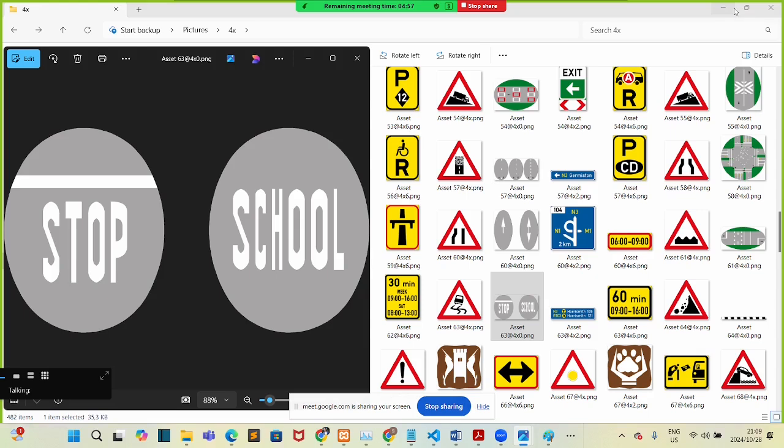Okay, so this marking, I think it's to alert the drivers to stop because there's a school around or probably ahead. The one on the right, the one on the left. The whole point when they are shown like this is about those words. Whenever we have word markings, they are called word markings, written like this.